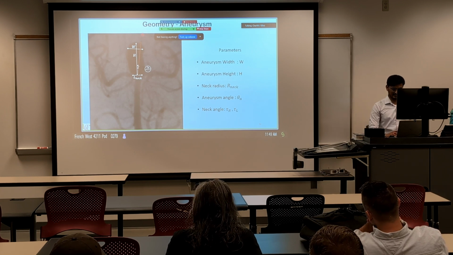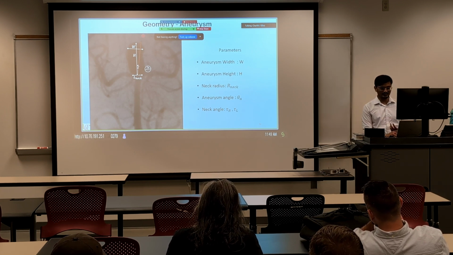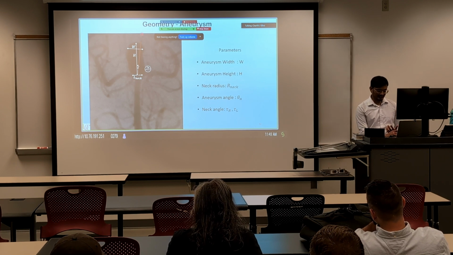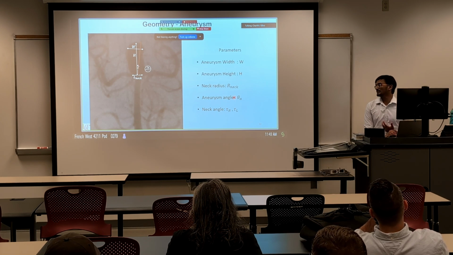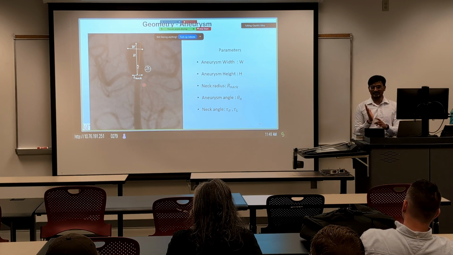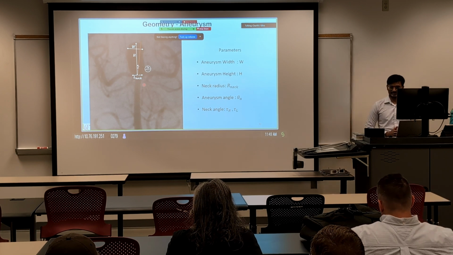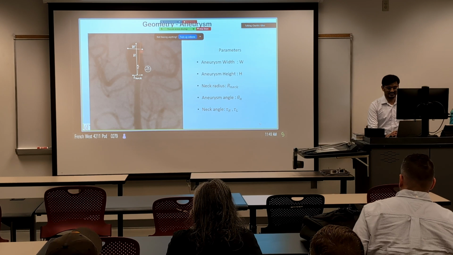That's considered as the direction of flow. Why do we need the direction of flow? Because with respect to this vector, we define a quantity called aneurysm angle. That's how much the height is going to deviate with respect to the flow direction. That's why we need this extra quantity.